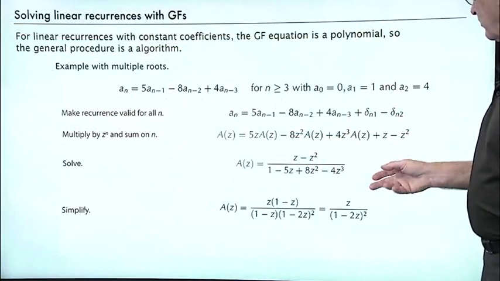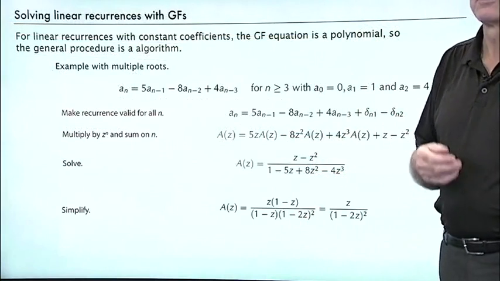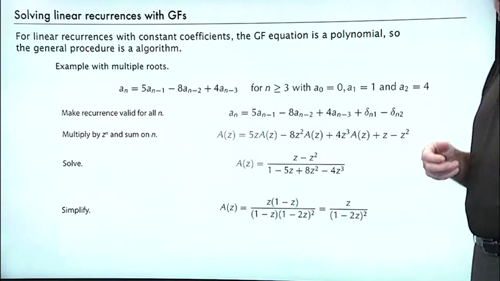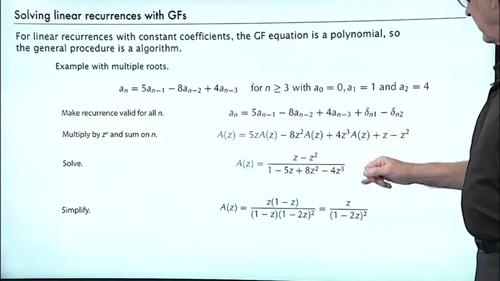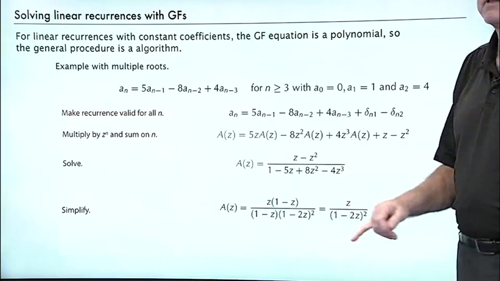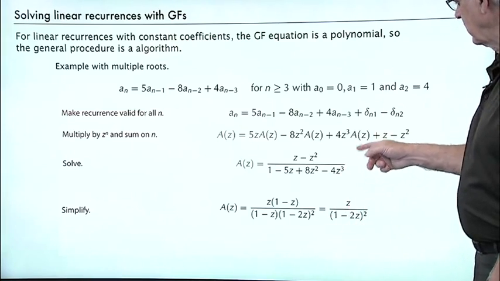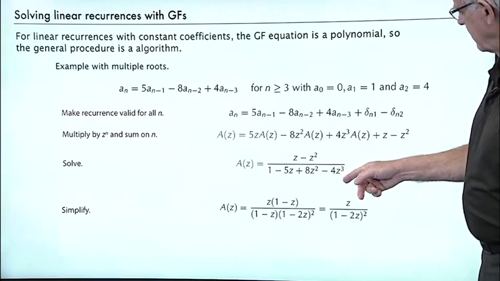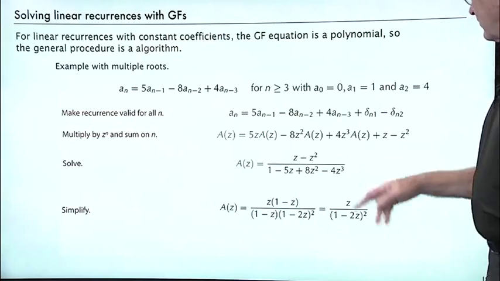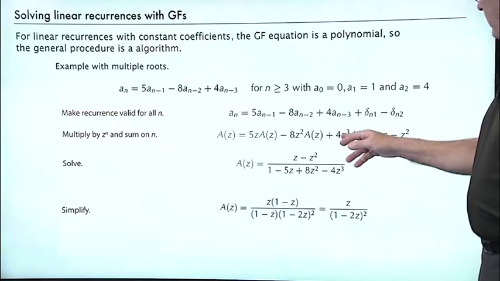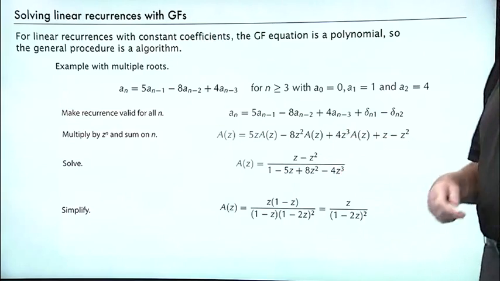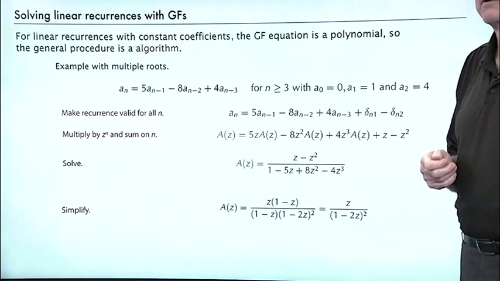You have multiple terms. In this case, the root 1/2 has multiplicity 2, and the polynomial has 3 roots, and then actually in this case one of the roots cancels with the numerator, so we have a(z) equals z over (1 minus 2z) squared.